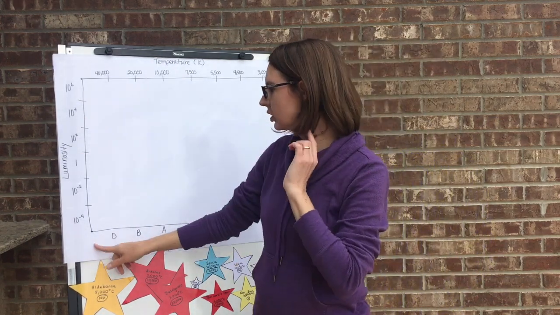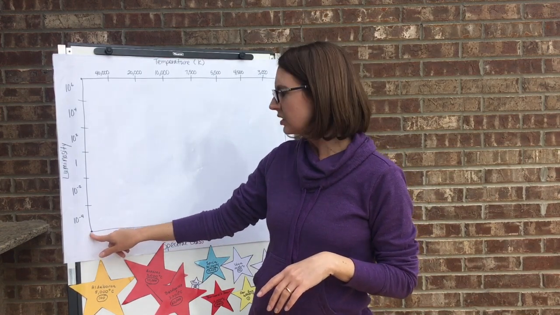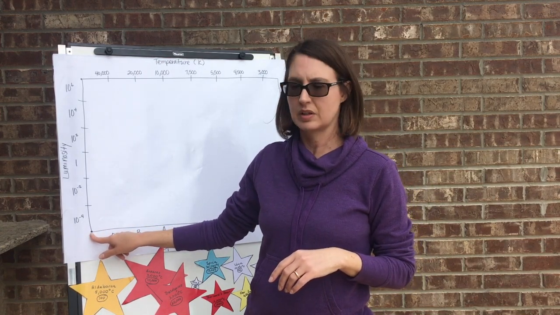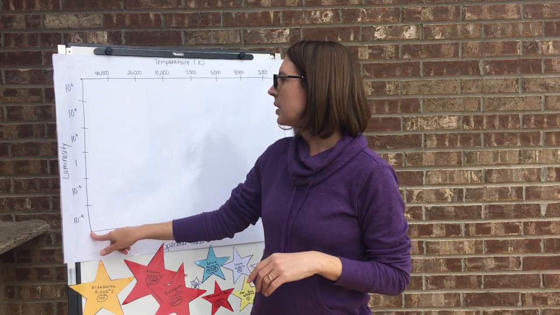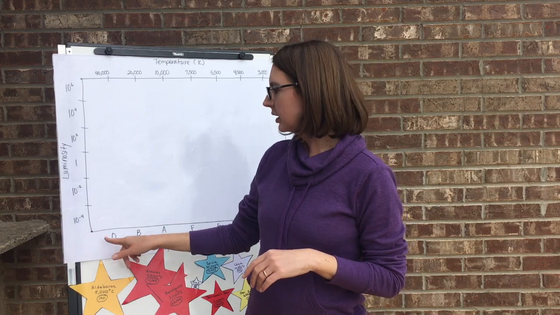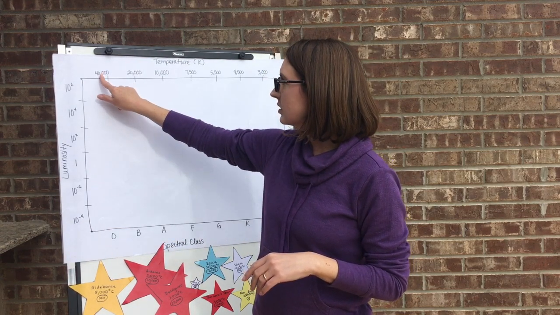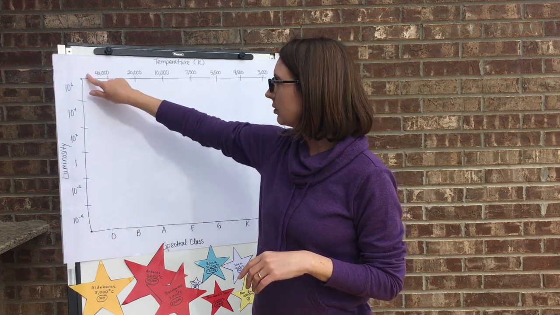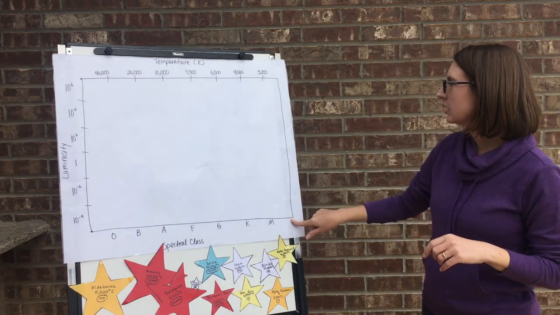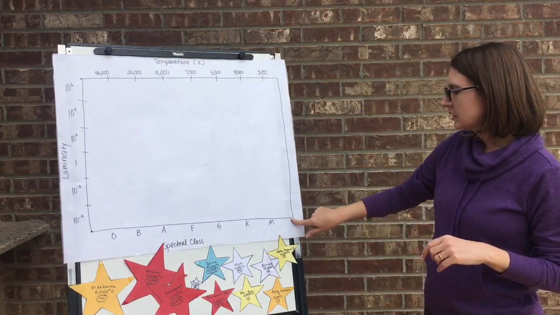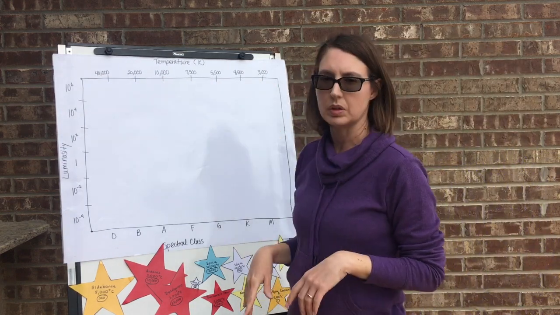Usually, when you're looking at a graph, this is your tiniest number on your y-axis, so it's also your tiniest number on the x-axis. Usually that intersection is 0 for both of those. It is different on the HR diagram. Here, for our x-axis, is a really, really large number, okay? Right here is larger than 40,000. And then way over here is going to be smaller than 3,000. So this part runs a little backwards than what you might expect.